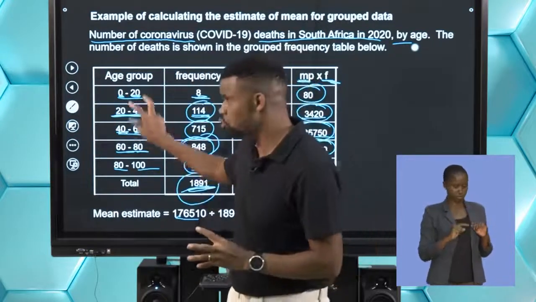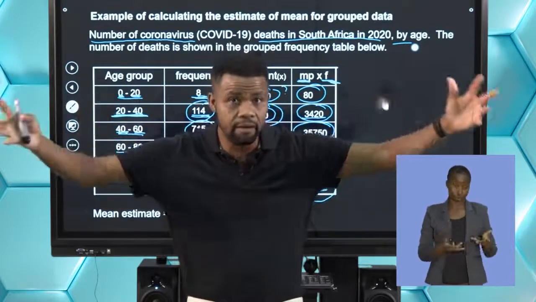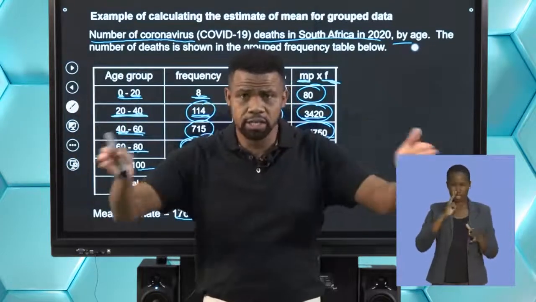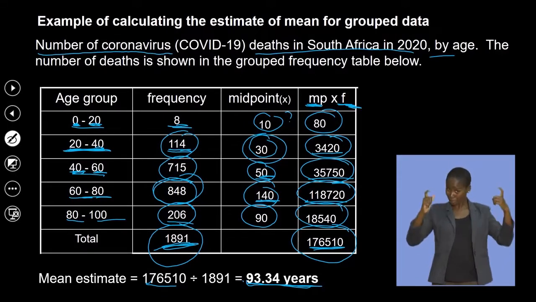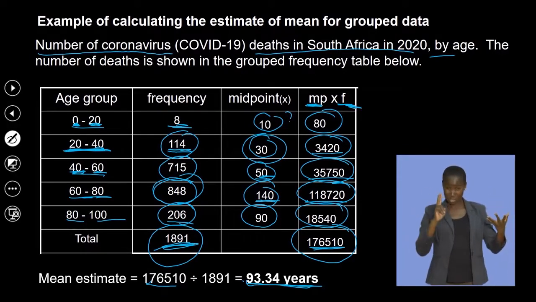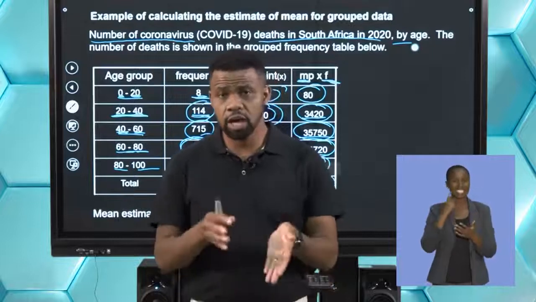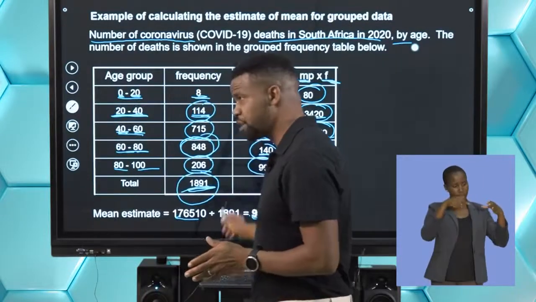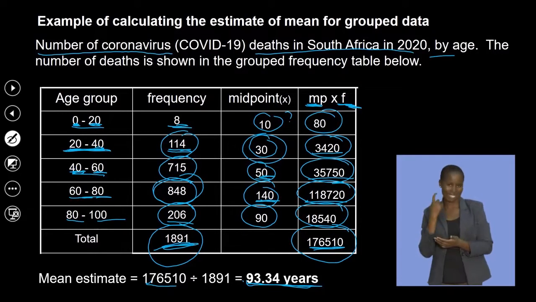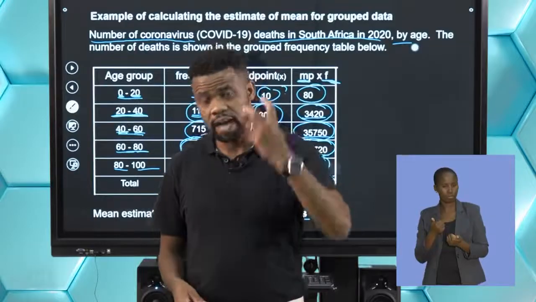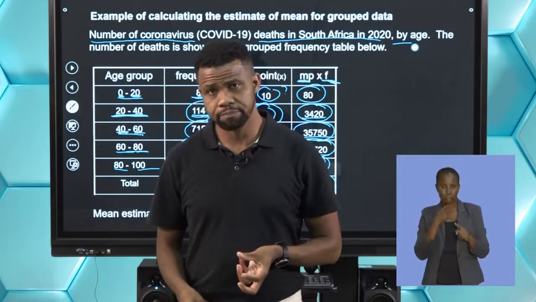Because if you look at the groups, they're just so big. 0 to 20, 20 to 40, 40 to 60, such a big interval. So if we make the intervals smaller and estimate the mean, I'm expecting we can improve the accuracy of the estimated mean of dying from COVID-19.